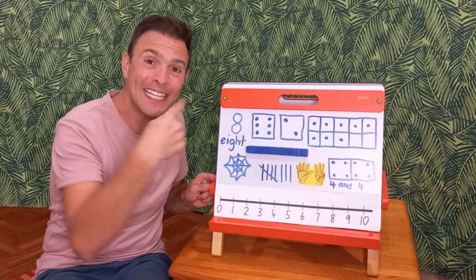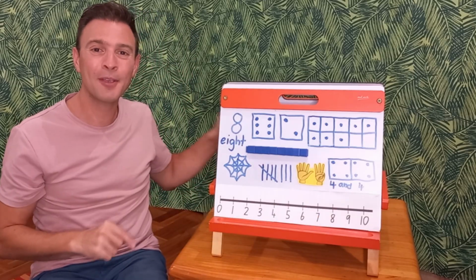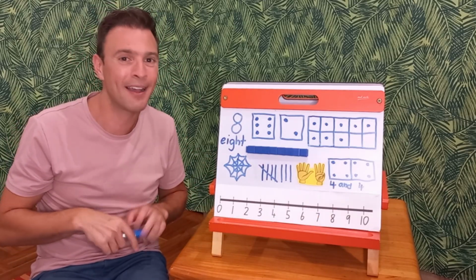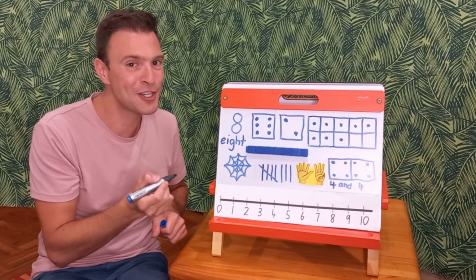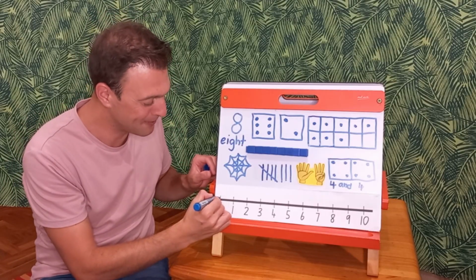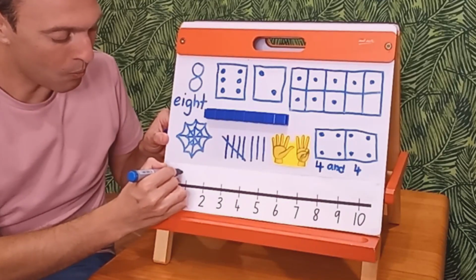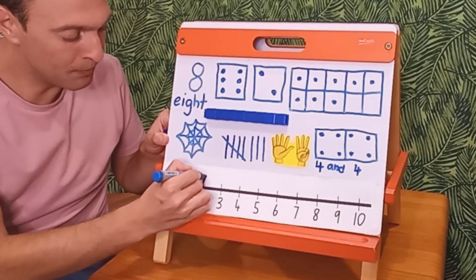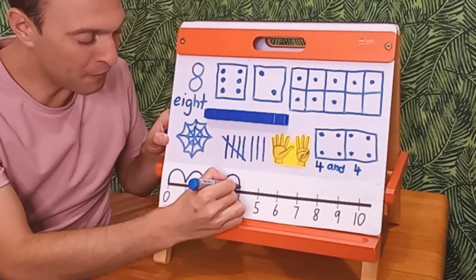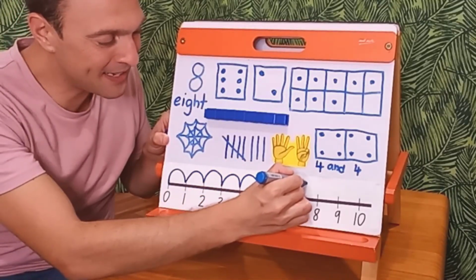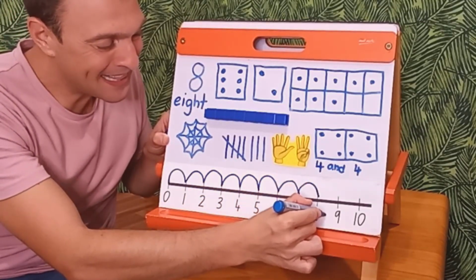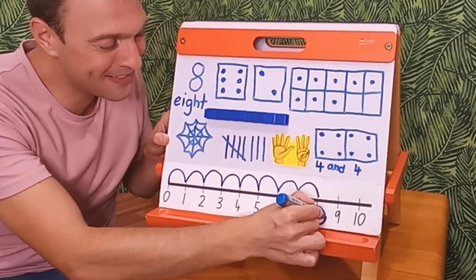And now let's count again, and this time I'm going to draw each step as we count each number. Remember, I only draw one step for each number. I'll start at 0. Ready everyone? 1, 2, 3, 4, 5, 6, 7, 8. And there is our number of the day.